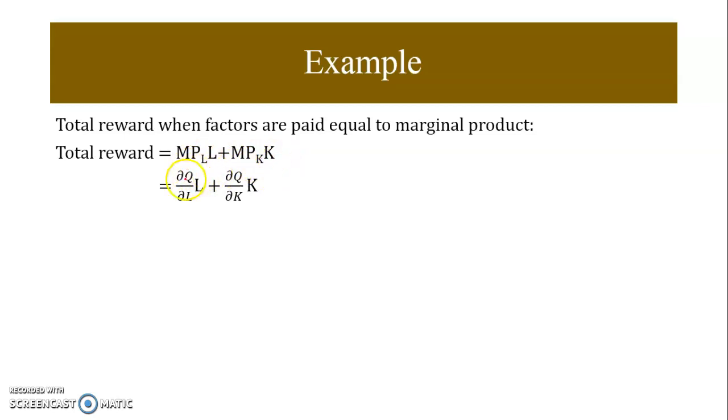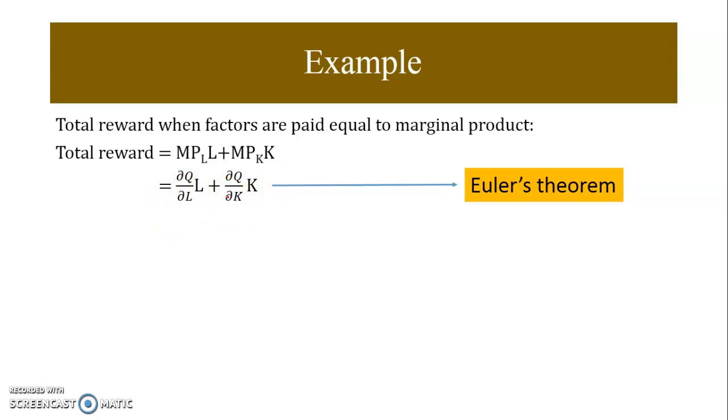So MPL is the partial derivative of output with respect to labor, and MPK is the partial derivative of output with respect to capital, into K. And if you look into this formula, this is Euler's theorem. So as per Euler's theorem, the partial derivative of output with respect to labor into L plus the partial derivative of output with respect to capital into K always gives the total output. This is as per Euler's theorem.